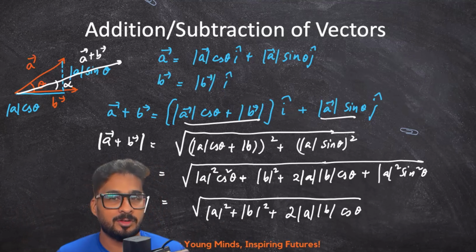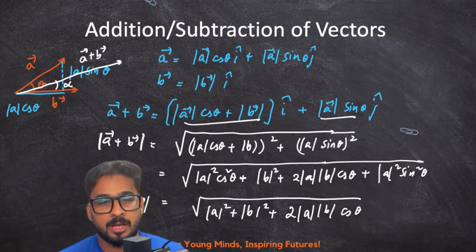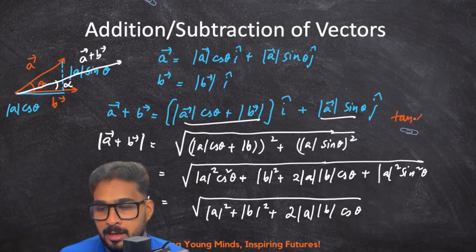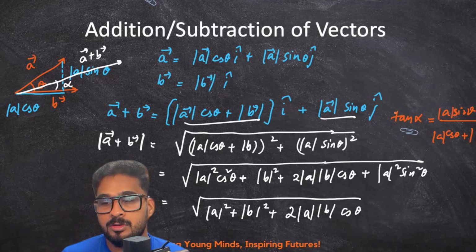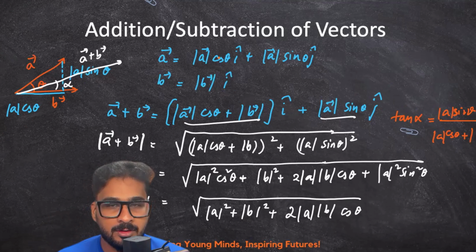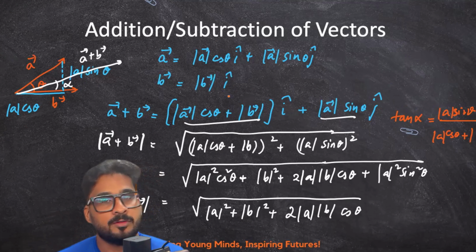You can remember this formula, but my suggestion is always to use the resolution of vectors concept. The angle alpha can be found simply by taking tan alpha is equal to mod A sin theta divided by mod A cos theta plus mod B. This you need not remember. As I said earlier, you can just convert into normal form and write down the final answers.